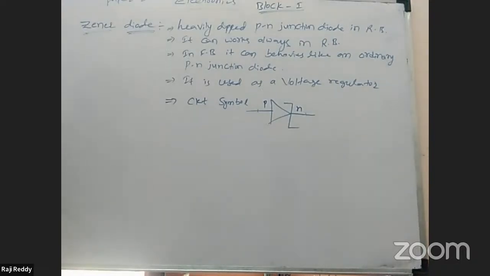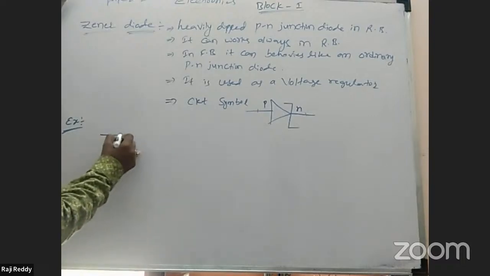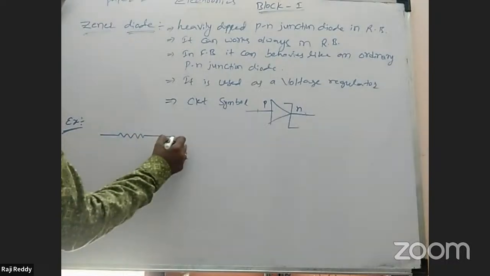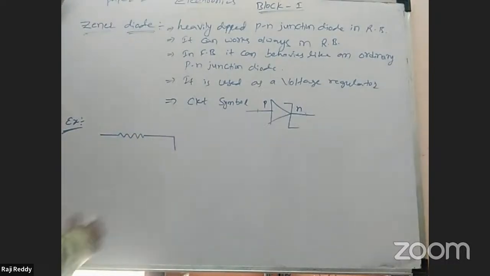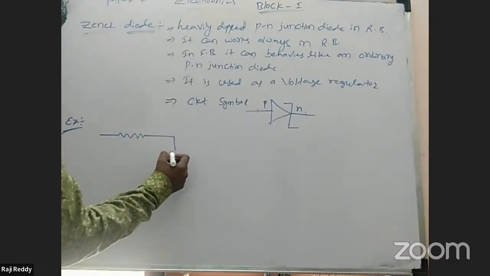Now we can take, for example, one circuit diagram used for voltage regulator purpose. Input resistance, and then you connect a Zener diode.